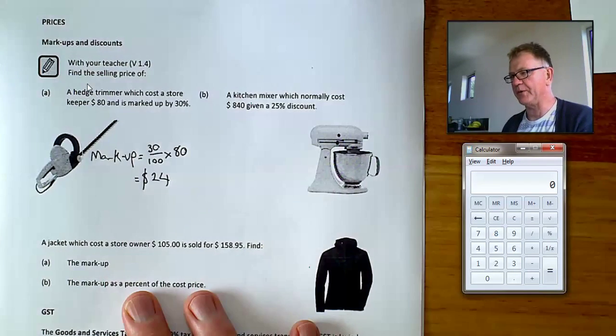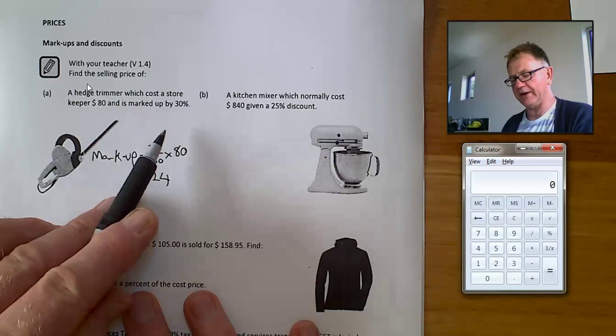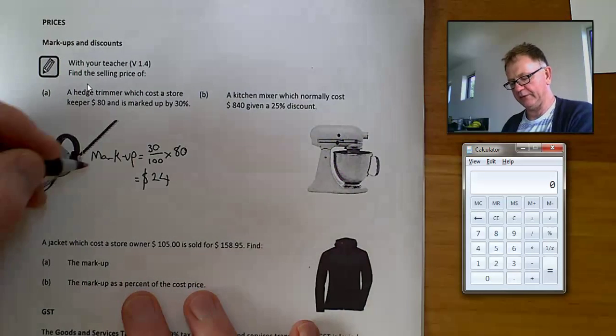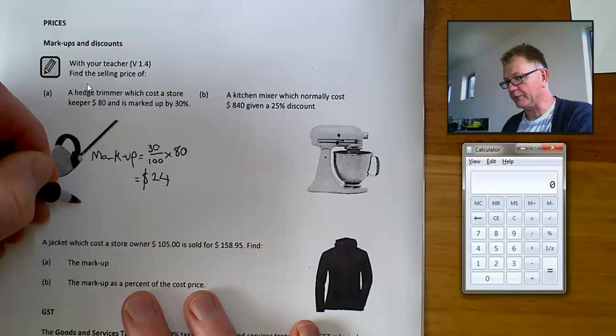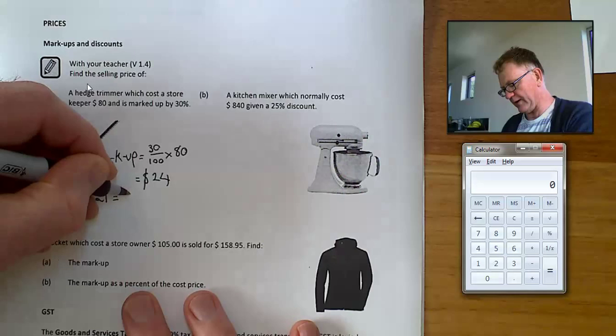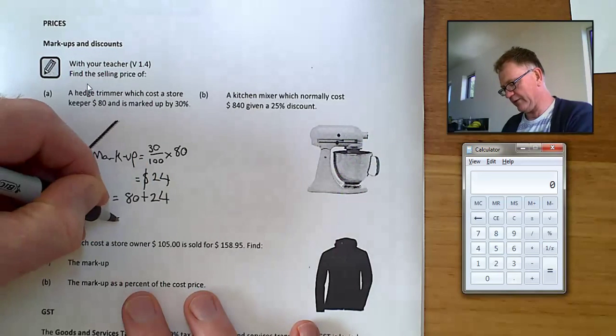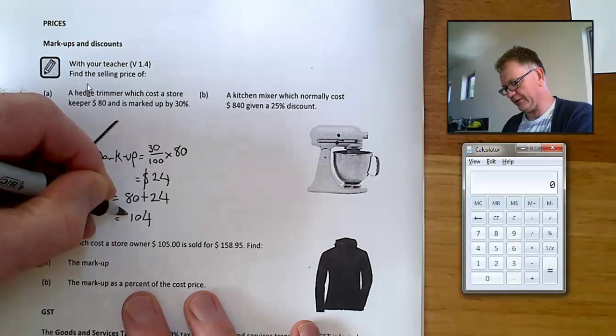How much is its price at the end then? It was costing 80, we're going to mark it up by 30%. The markup is $24. So the final price is equal to $80 plus $24 equals $104 is the final price.